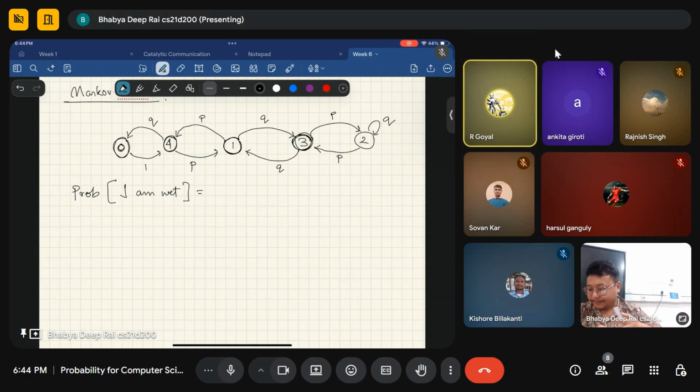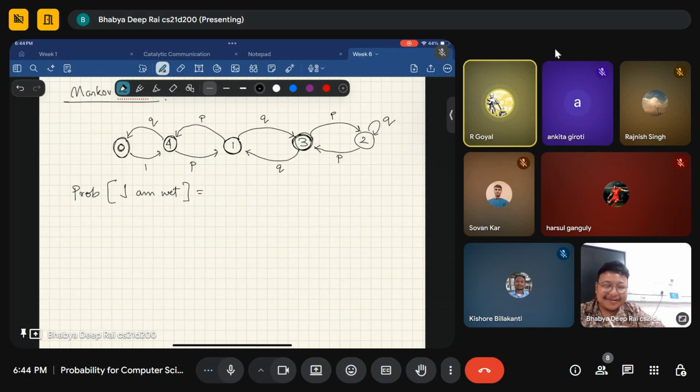One possibility is from 0 to 4, and then I make a move from 4 to Q. This is one probability.